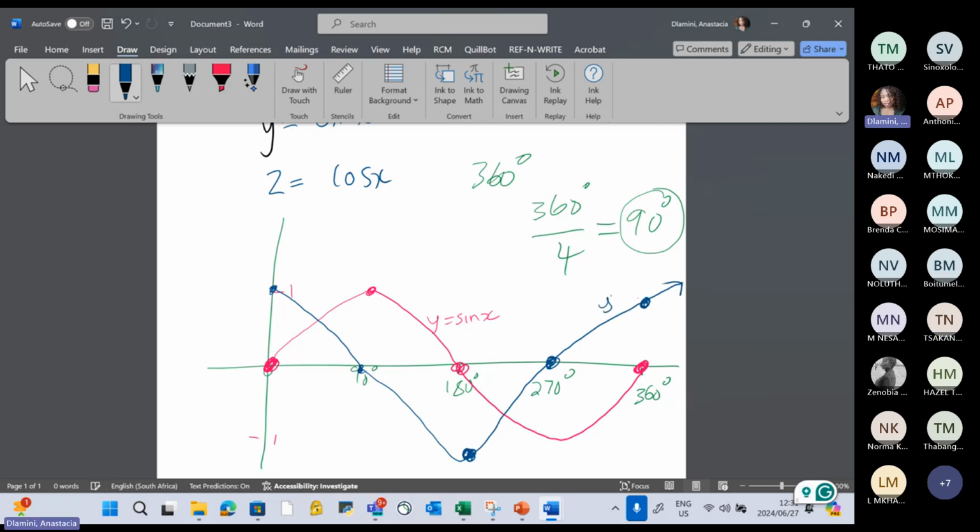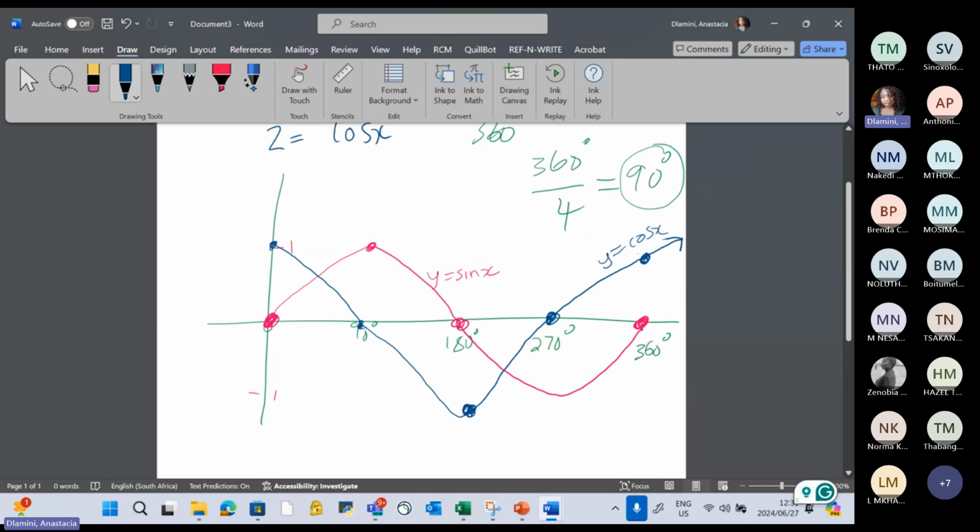So this is y equals cos of x. Are we all together? If we say for the terminal points, the pink line gives us our y values, and the blue line gives us our x values.